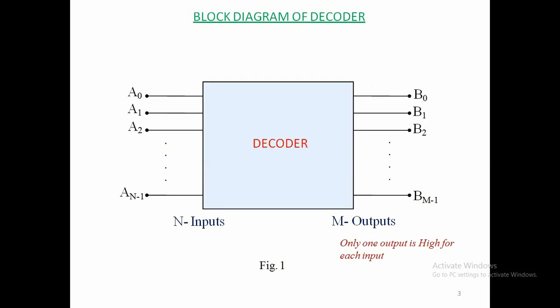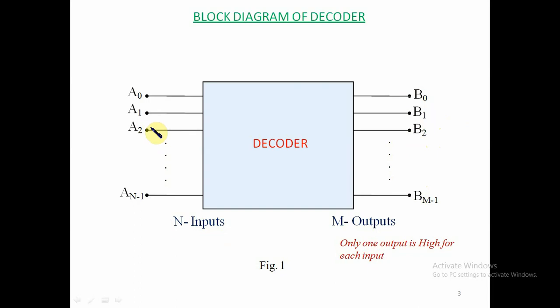The block diagram represents the decoder with n input lines and m output lines. The n input lines are taken as a0, a1, a2 up to an, and m as the outputs. Only one output is high for each input.